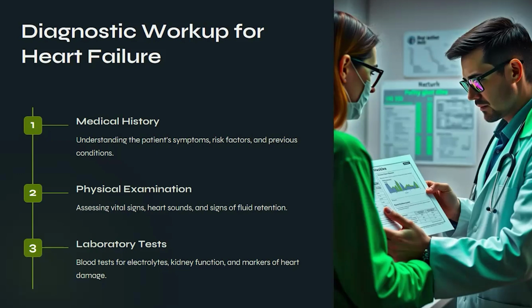I think the basic would be investigations to find out whether there's an ischemic load or burden on the heart. We do the basic CBC, BUN, creatinine, HbA1c, then lipid profile, and NT-proBNP is a very important test.